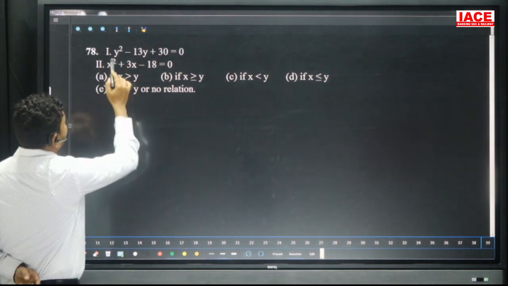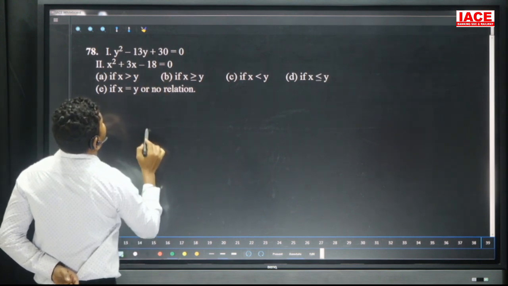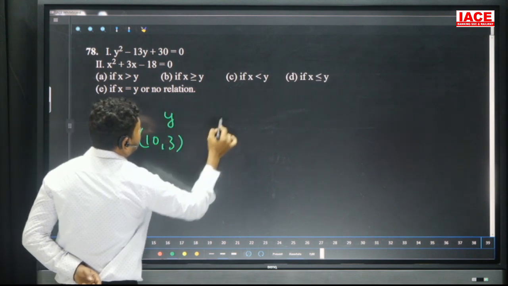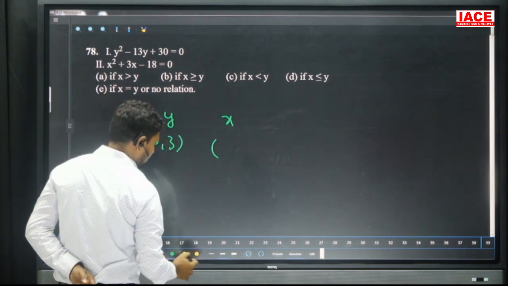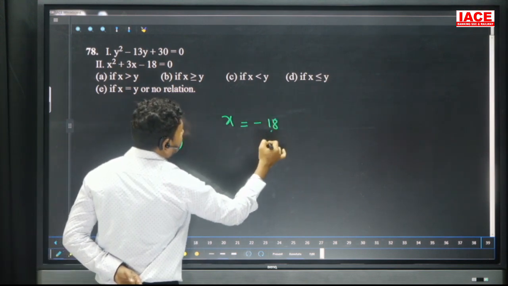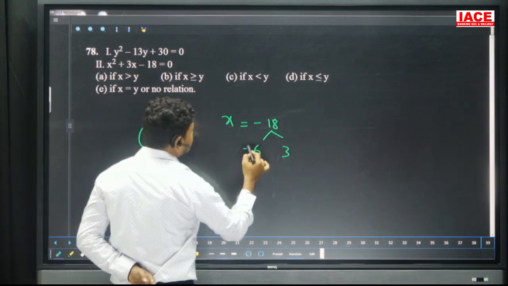Next, y square minus 13y plus 30 is equal to 0. Here the factors are, 30 is there, 10 comma 3. These are the y factors. And coming to the x factors. X factors are what here? So the number is minus 18. They have given minus 18. Minus 18, we can write 6 3s are 18. But we need plus 6 comma minus 3.